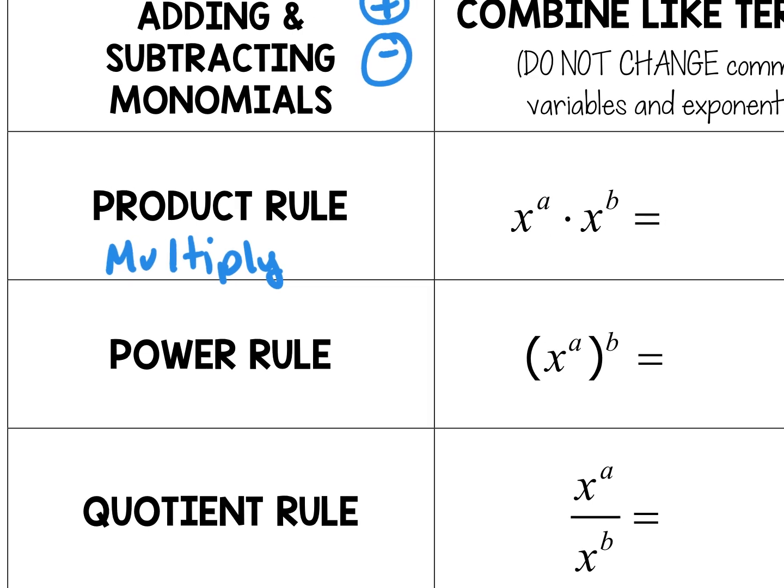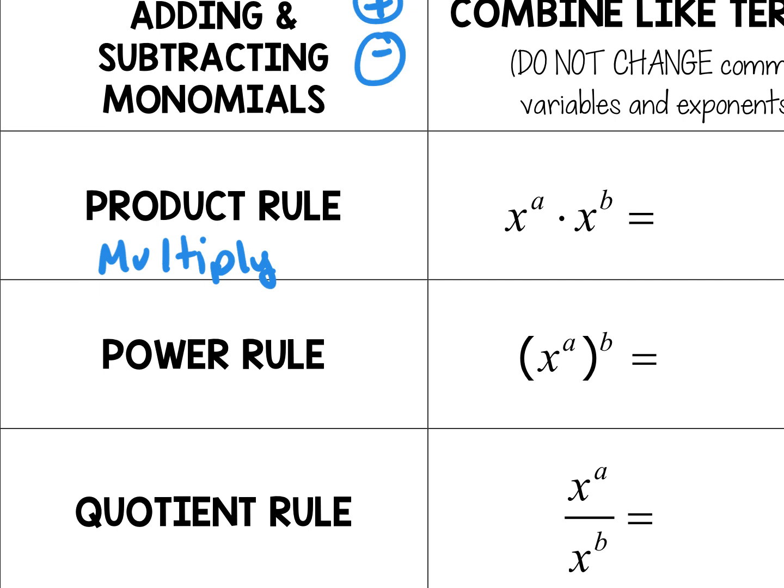Now, you'll notice it says x raised to the a power times x raised to the b power. You'll notice a and b are not the same, okay? So when we're multiplying, those exponents do not have to be the same like they do when we're adding and subtracting, all right?